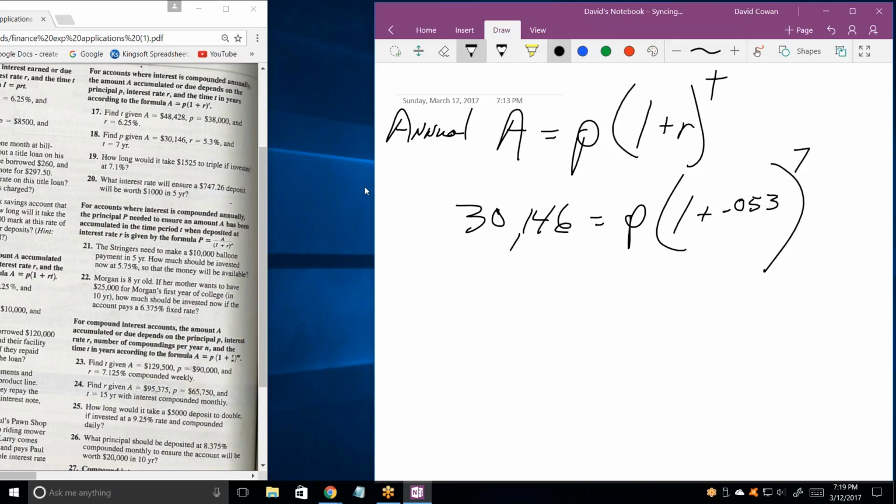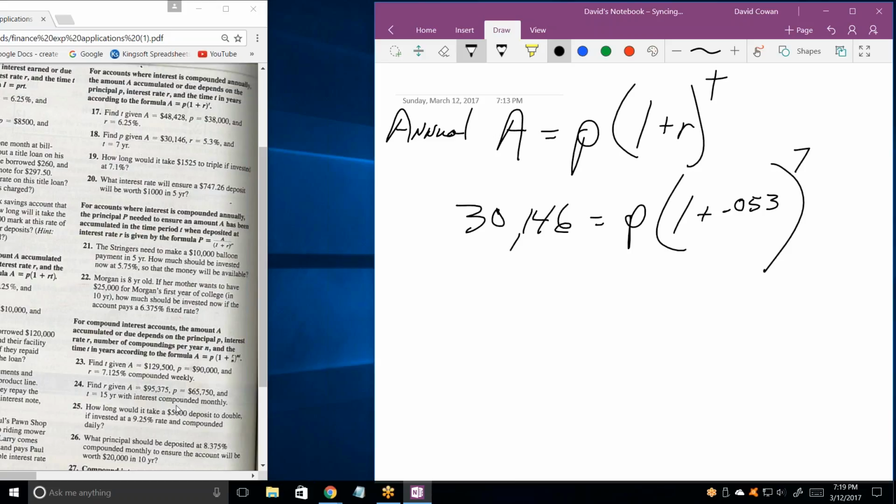Then my r would be 0.053, but my t would be in minutes, not years. So the units that go with t match the units that go with r. I hope that'll become more clear. It might not become totally clear until we use continuous compounding.